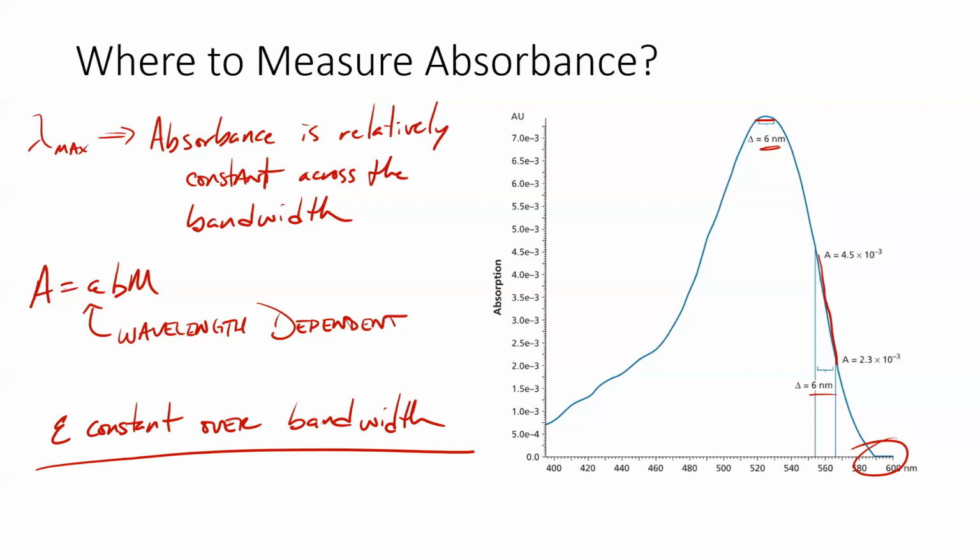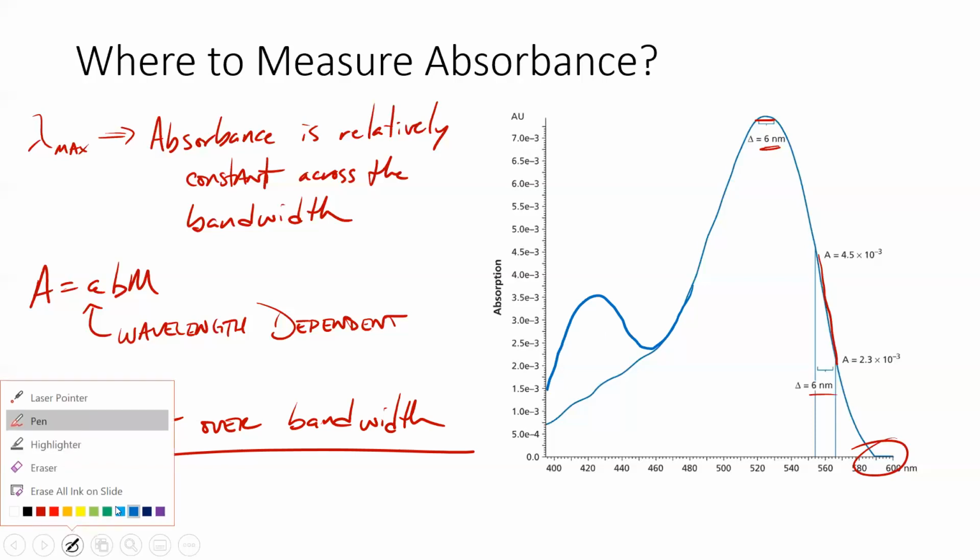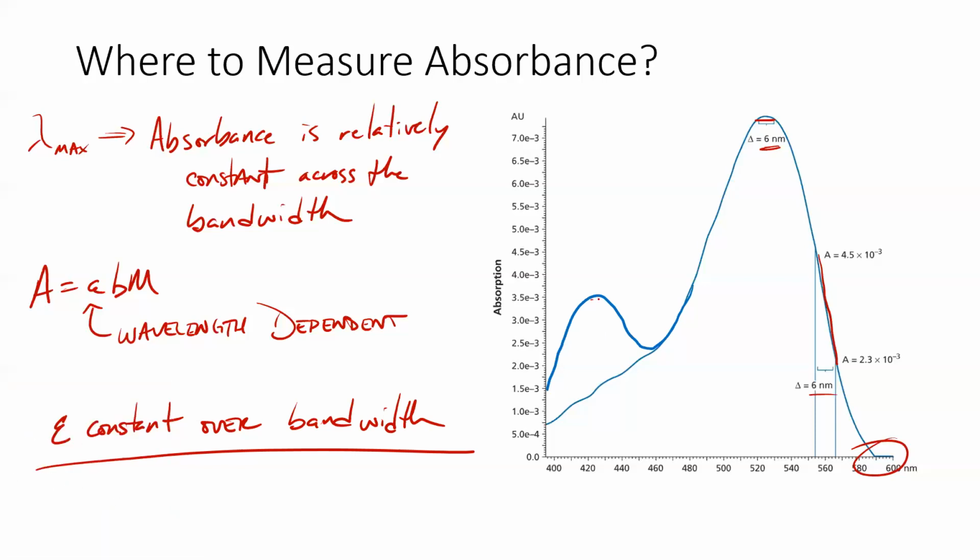Right? You can imagine that if we had a spectrum that looked similar to this, but let's say it had 2 peaks. Maybe we wanted to do something like this. We have another relatively flat region here, right? And we really have a third relatively flat region here in this valley, right?